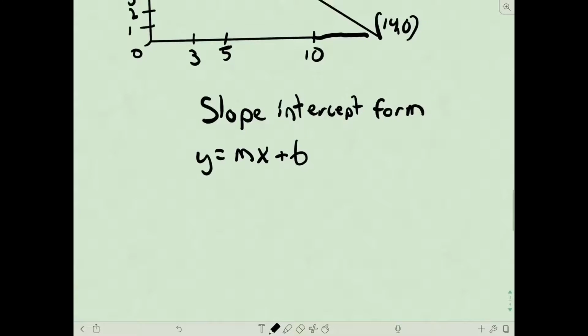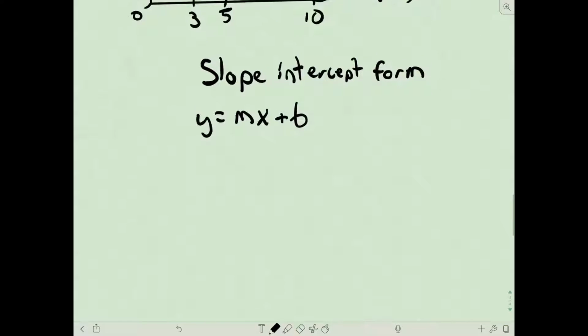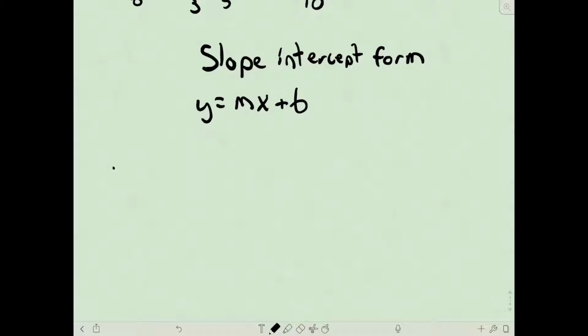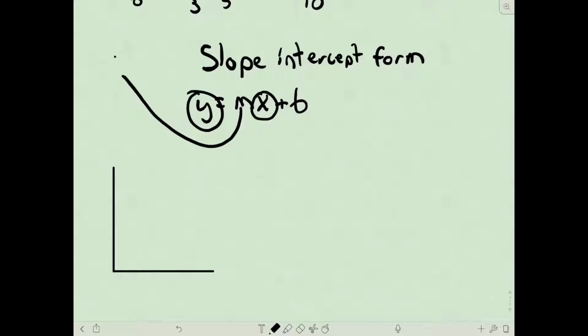And let's take a simple graph to go with it. So the y is just the y variable here. The x is just the x variable. The two important things here are the m, which is the slope, and the b, which is the y-intercept.